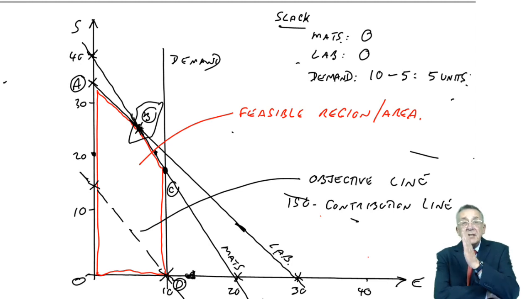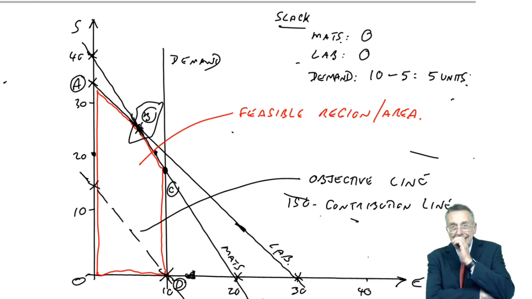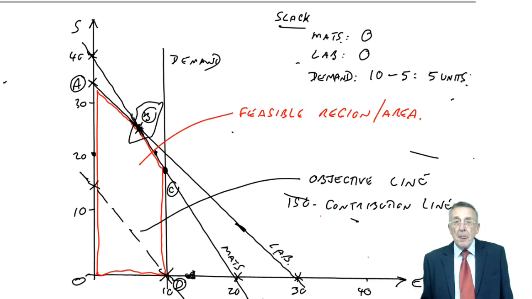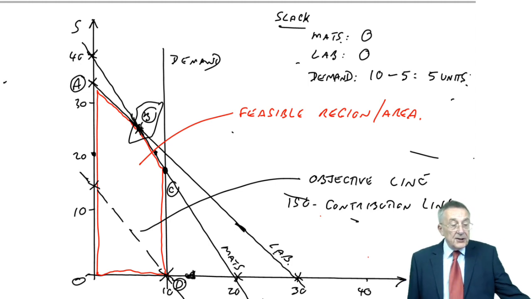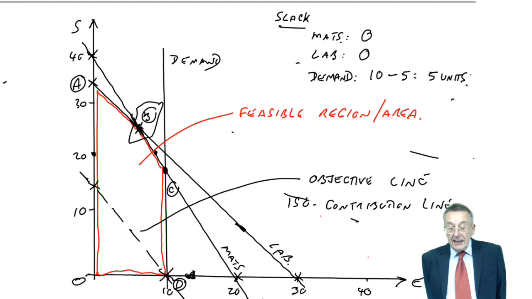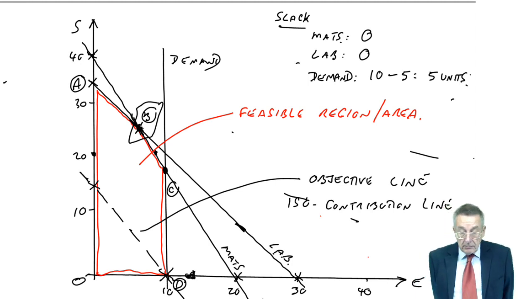We are using all the materials because we're on the materials line. If we had more materials, I could make more units and make more contribution. But we can't, because the question told us we could only get 180 labour hours. Oh, sorry, I was talking about materials, wasn't it? We only get 80 kilos.